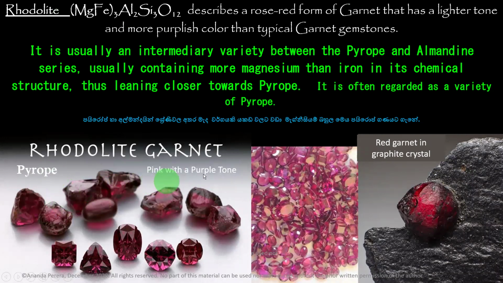Pyrope, pink with a purple tone, is called pyrope. It is red garnet in graphite crystal, rhodolite. These are the garnet rough.